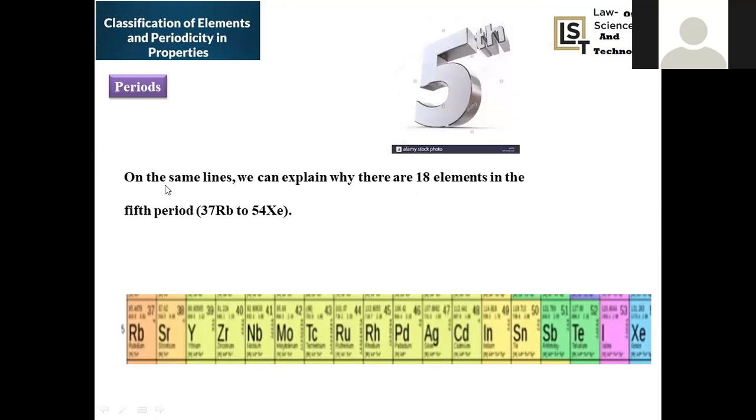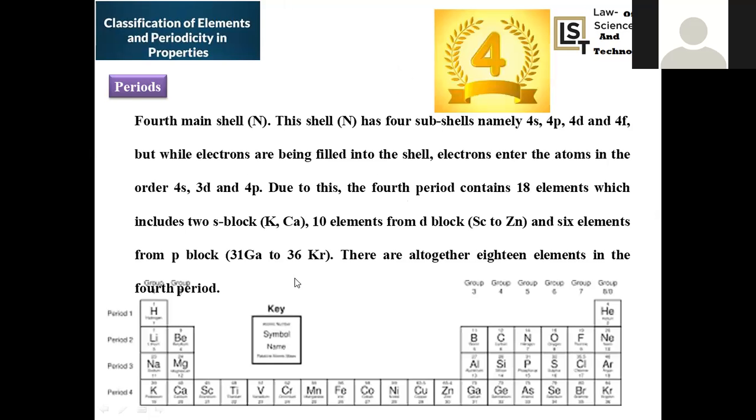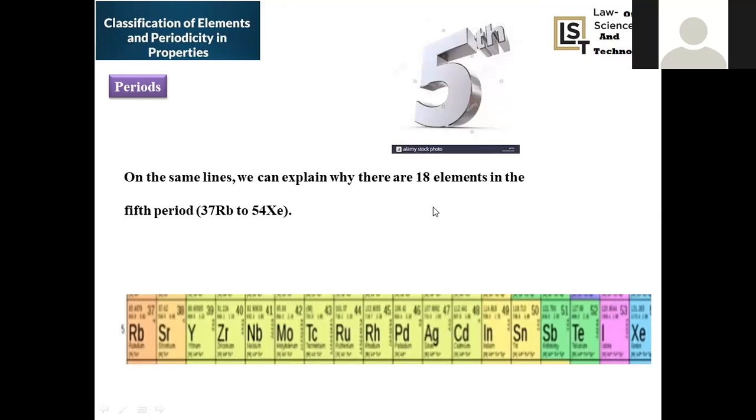In the fifth period, the subshells will be 5s, 4d orbital, and subsequently 5p orbital also resides here. So here 5s is related with 2 elements, rubidium and strontium.